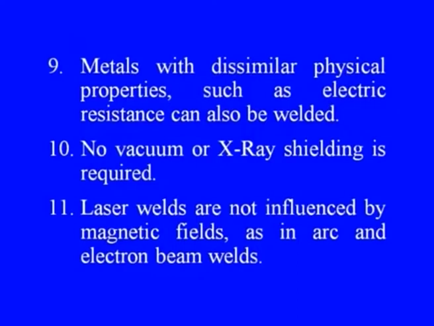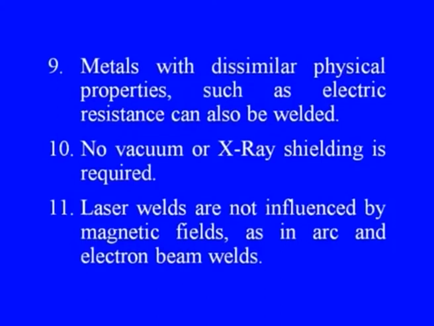Metals with dissimilar physical properties, such as electric resistance, can also be welded very effectively here, because electrical resistance does not come into the picture in the laser beam welding process. And no vacuum or X-ray sealing is required, which is clearly advantageous.